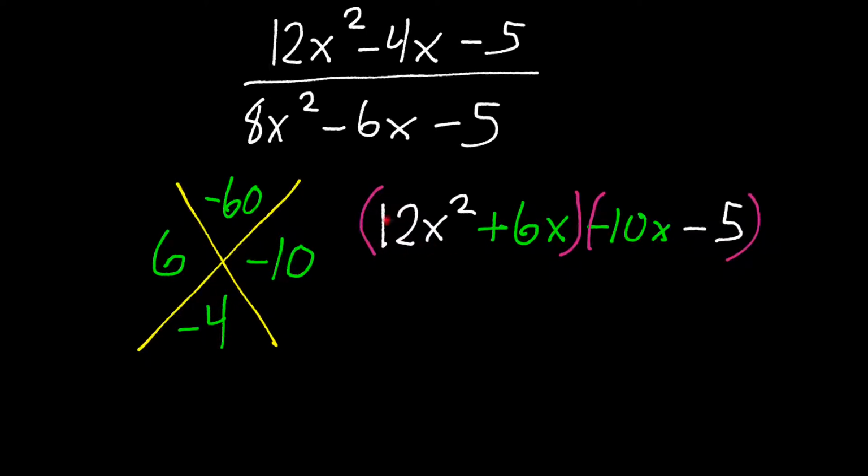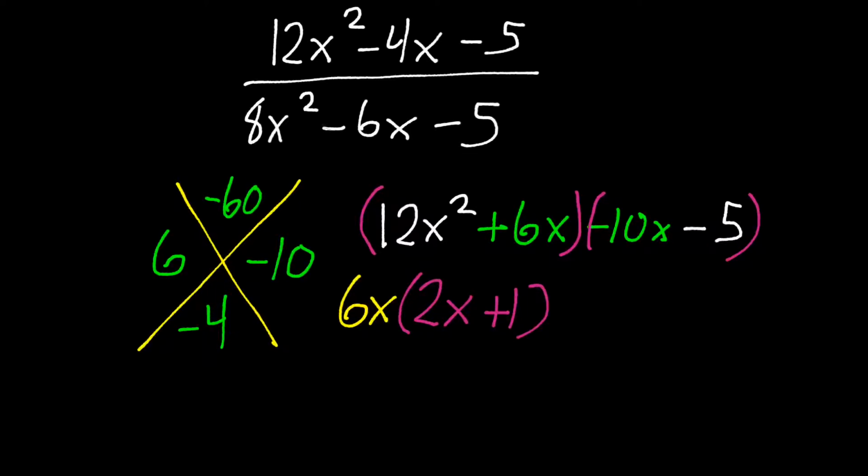So, if I'm here, what can I factor out of this? They both have an x term, and 12 and 6 can both be divided by 6. So I'm going to factor out a 6x, and on the inside I'm going to be left with 2x plus 1.